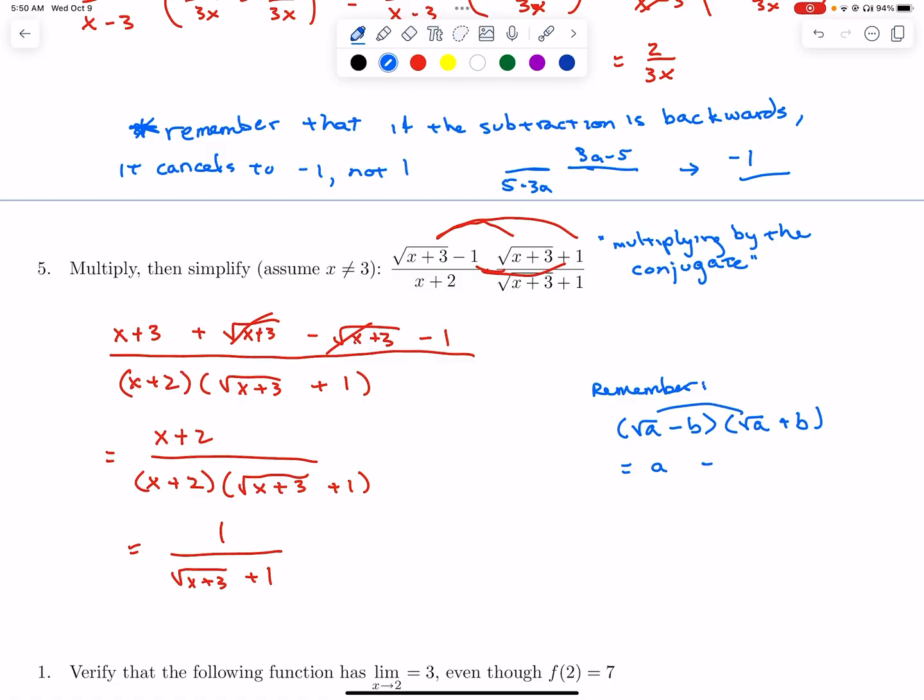So the a's cancel, the outer and inner cancel, and then it's b squared if you don't have a square root for the second thing. If you have both square roots, then you just have a minus b. Okay.